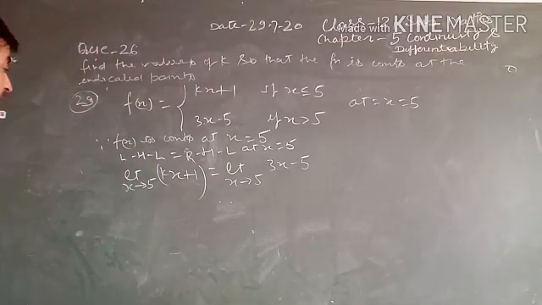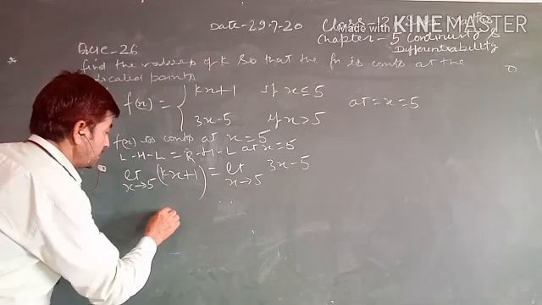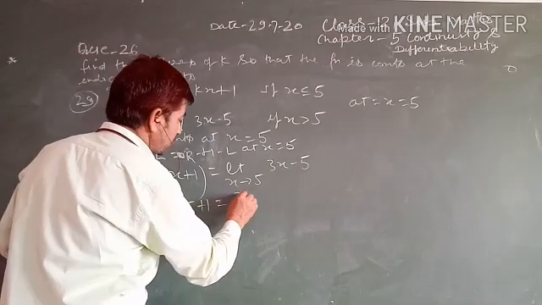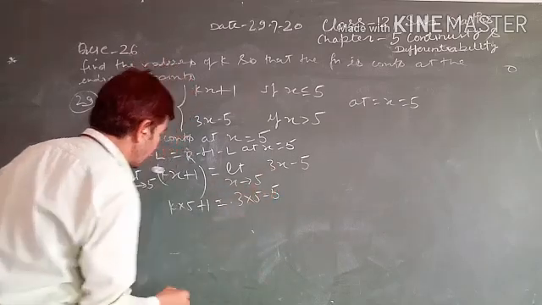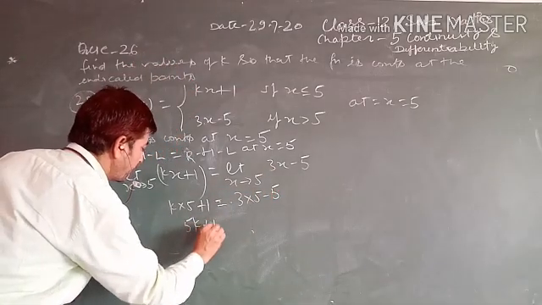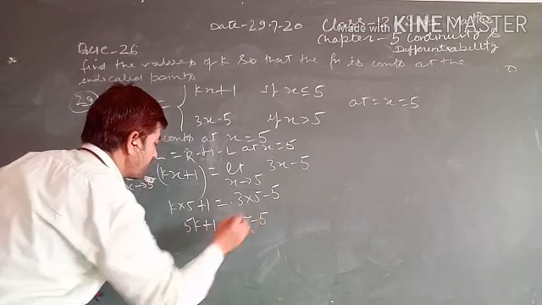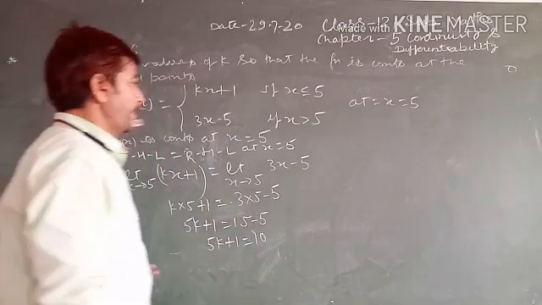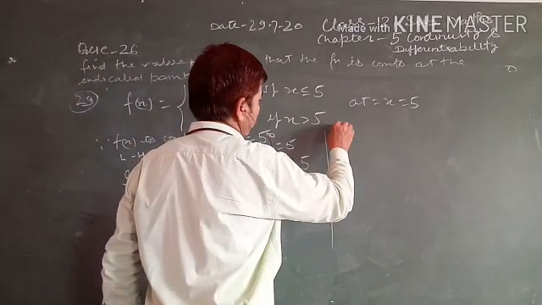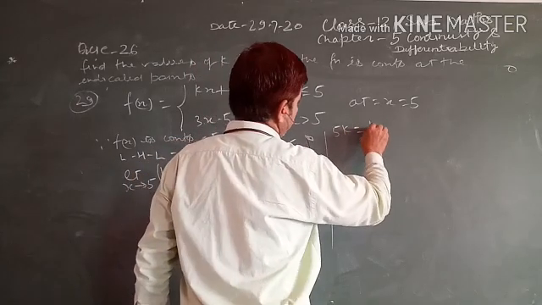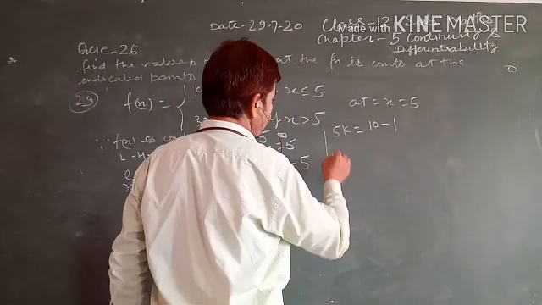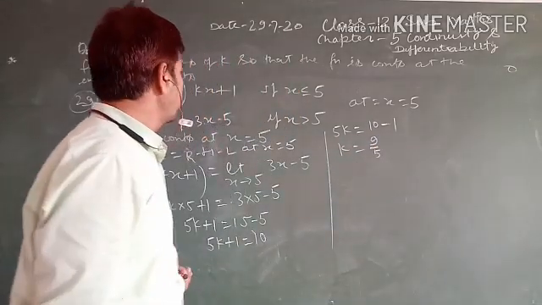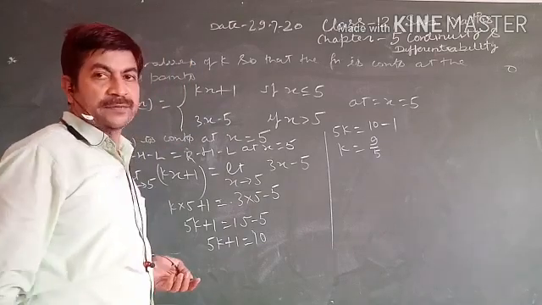On assigning the limit on both sides, k into 5 plus 1 is equal to 3 into 5 minus 5. 5k plus 1 is equal to 15 minus 5. 5k plus 1 is equal to 10. 5k is equal to 10 minus 1. k equal to 9 upon 5.